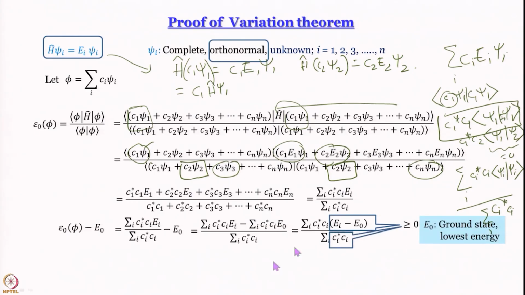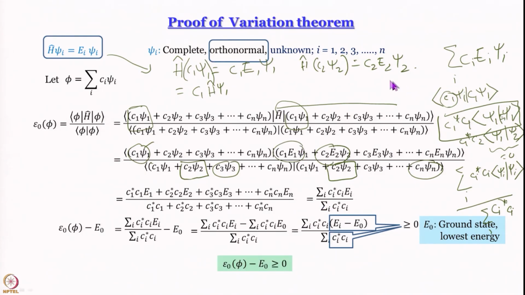So in the denominator I have something that is positive. In the numerator, Ei minus E0 is positive and I just said that Ci star Ci is also positive. So this epsilon 0 minus E0 is a positive quantity divided by a positive quantity, which is a positive quantity.